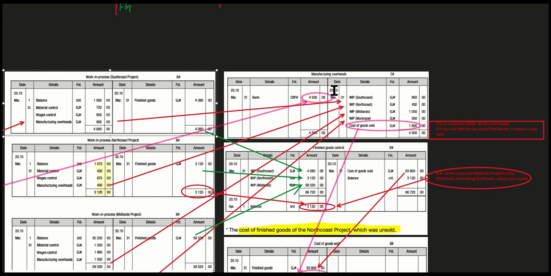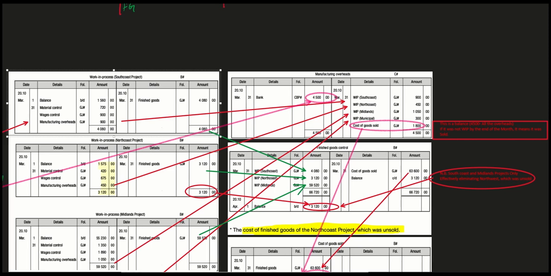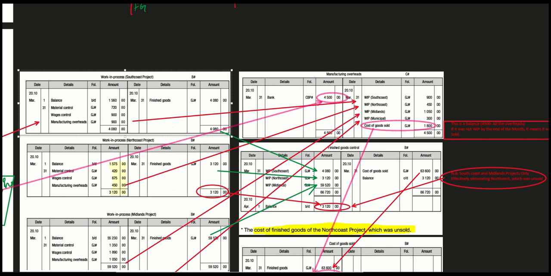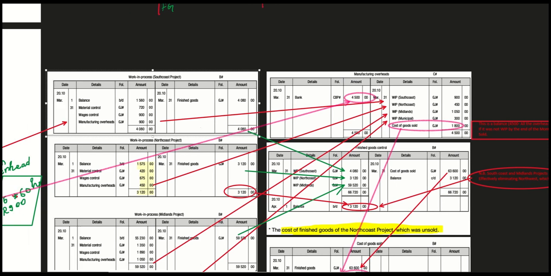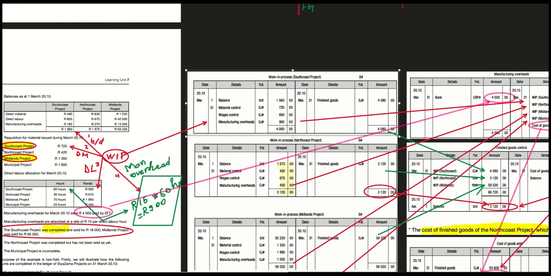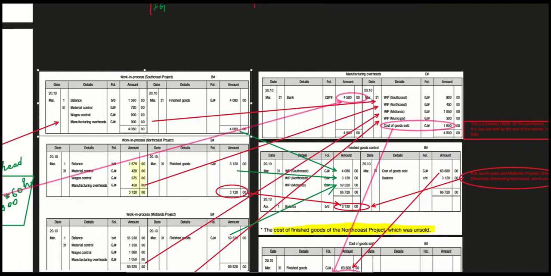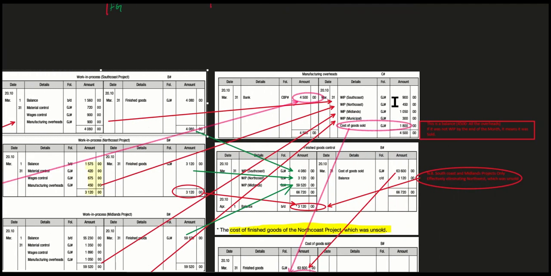So when you're looking at the manufacturing overhead, on the side of the work in process, you have all the amounts that we calculated. 900 for staff cost, 450. Remember, we were using that 15 rand, which is the absorption rate. We were multiplying it by the hours of each project. That's all. That's what gives us all those work in process amounts there.